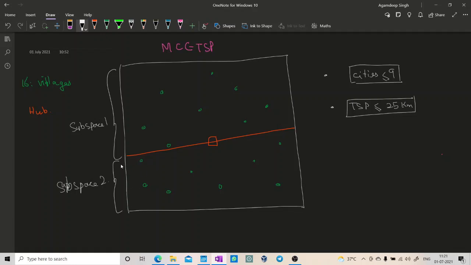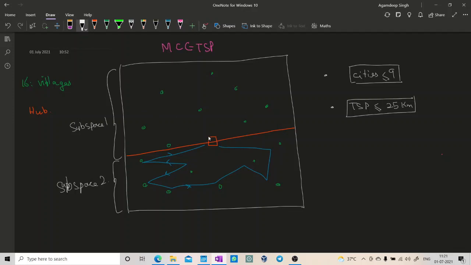If the TSP distance is satisfied on subspace 2, we just generate the TSP route. Let's say it's something like this. We generate the route and add it to the list of routes. But since subspace 1 is not satisfied, I'll do a recursive step where I input subspace 1 to the initial function and perform the whole operation again.